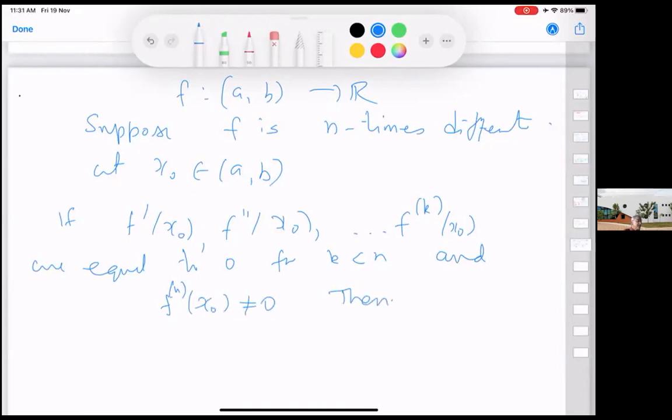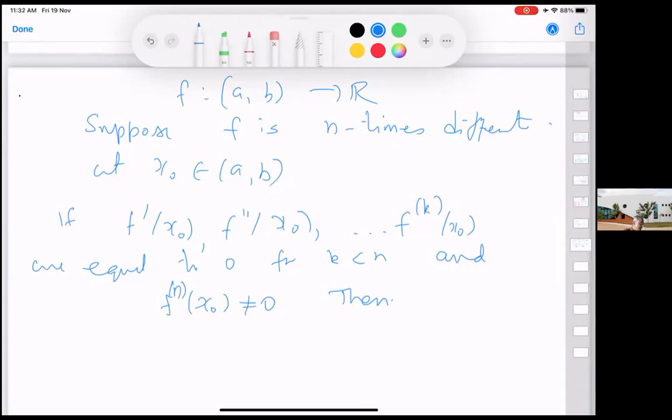So in other words, we have a function which is differentiable as many times as we want, and you have a point x0 at which f dash is 0. You differentiate it again, it is again 0. You differentiate it again, it is again 0 at x0. So you keep on differentiating, assuming that all these derivatives exist, up to the first n at which it is not 0. So first integer at which it is not 0 is n.